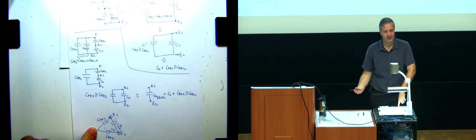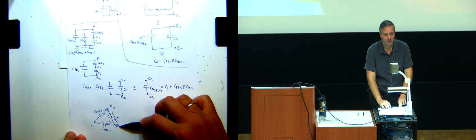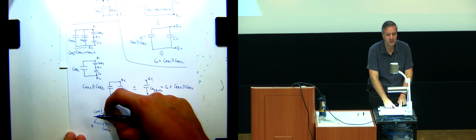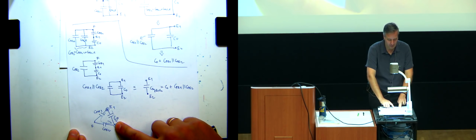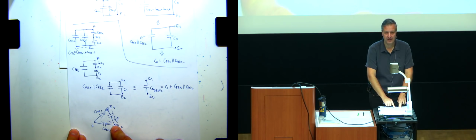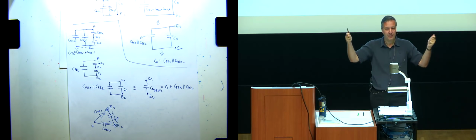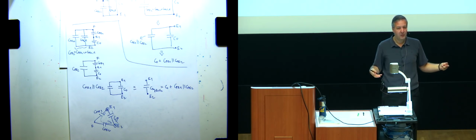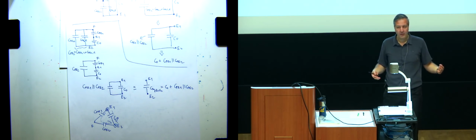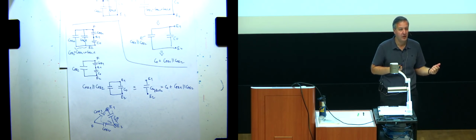But I'm not doing that. I'm looking at equivalence between E1 and E2. So between these two nodes, there's two branches. One branch is C0, another branch is this branch. And C0 is not in that branch. Does that make sense? So the equivalence always shows up between some two nodes, and then you look at what all the branches between these two nodes in the graph are. The equivalence is not the same regardless of which two nodes you pick in the circuit, right?